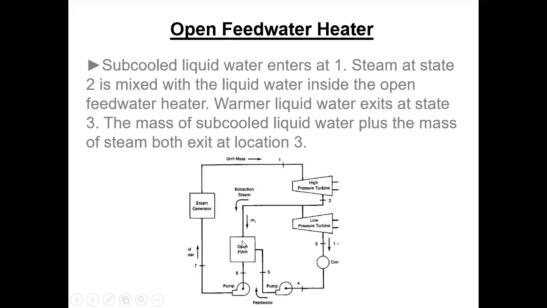But anyway, this is the open feedwater heater. So we take some steam from someplace. This is showing the exit of the high pressure turbine. We take the rest of the steam in this simple cycle and put it into the low pressure turbine. And then we take whatever extraction steam, and we just dump it in the can.